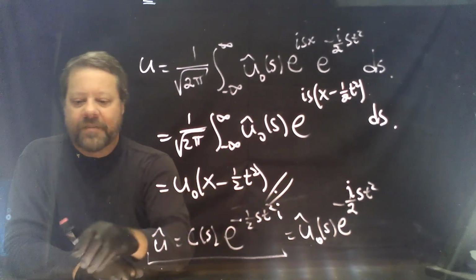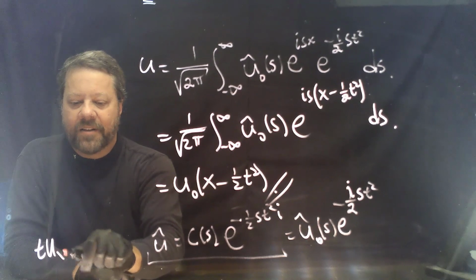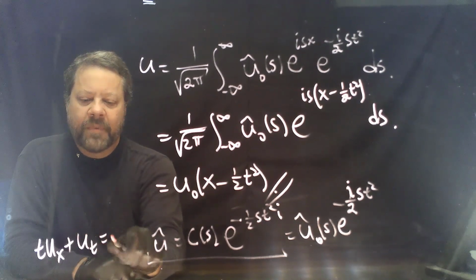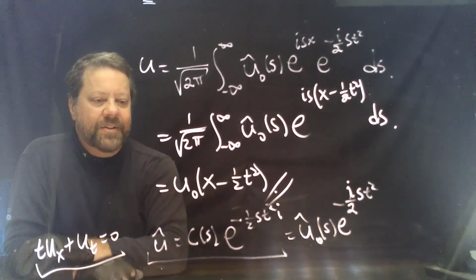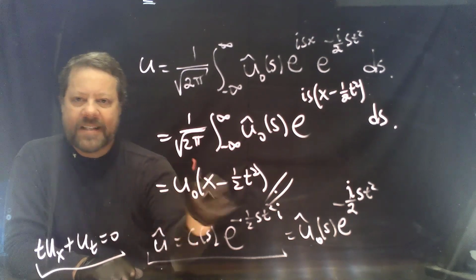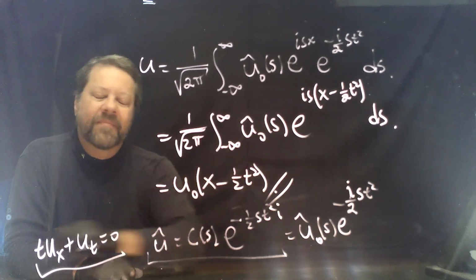So the effect of our differential equation t ux plus ut equals 0 is to take the initial data and translate it at an increasing rate to the right.